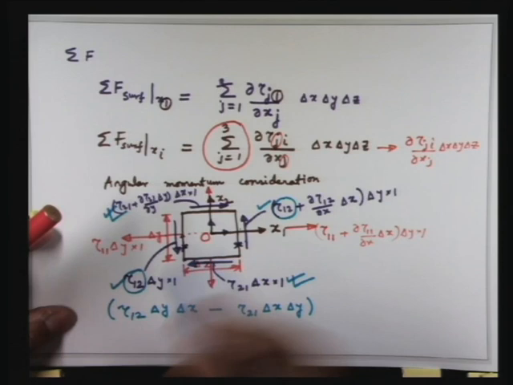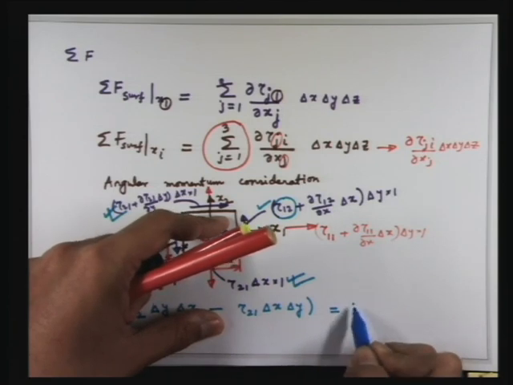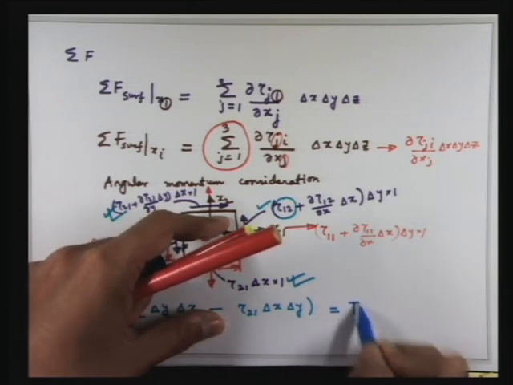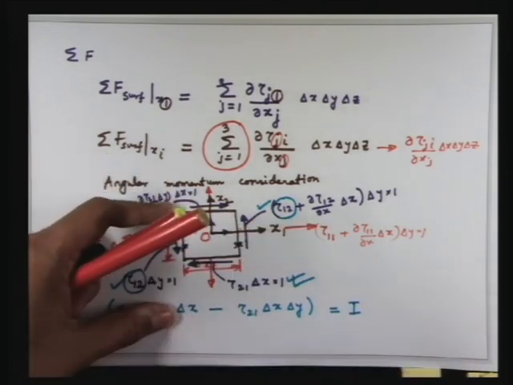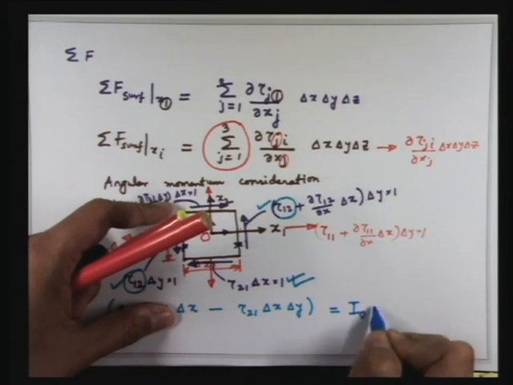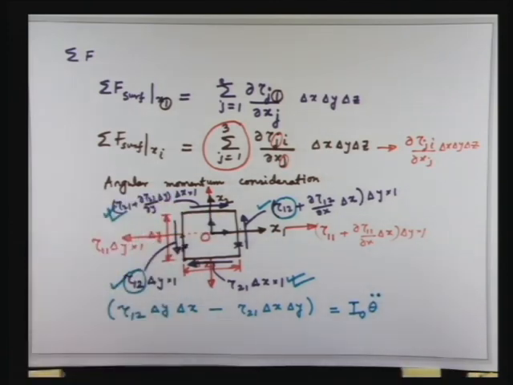There is no moment of the body force. So the resultant moment of all forces acting is equal to, what is this? The moment of inertia with respect to the z axis passing through O times the angular acceleration. Okay. This is about the z axis. By I O I mean the z axis passing through O.